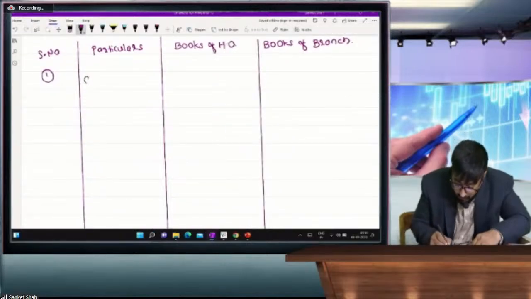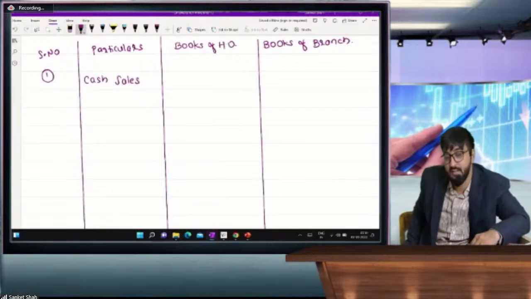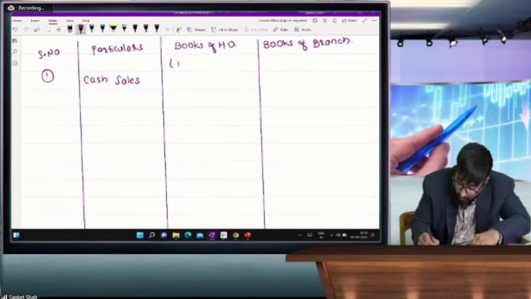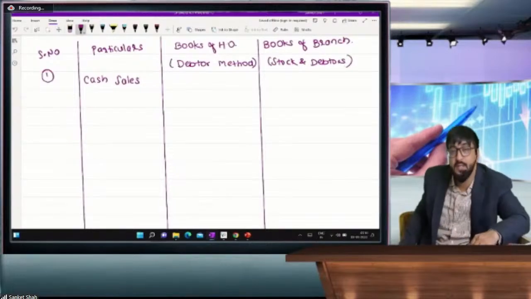First one, cash sales. Now tell me what is the entry in the books of HO. You can write over here. Sorry. It's a data's method. I will explain it later just for your understanding. Just write down here stock and data's method. I will explain this part later.